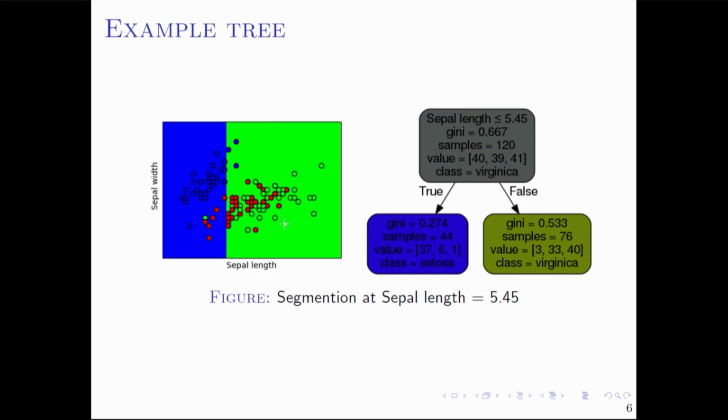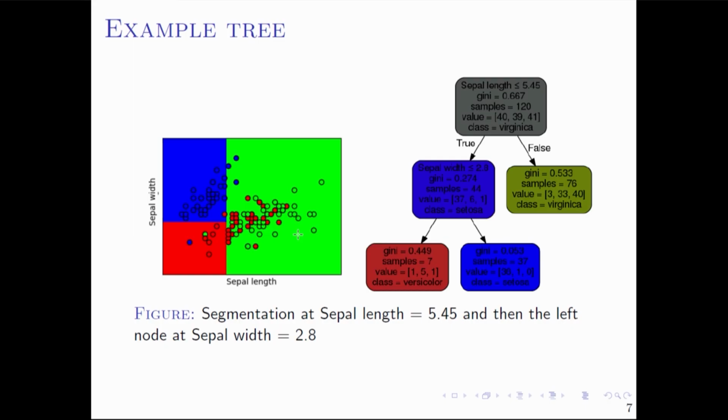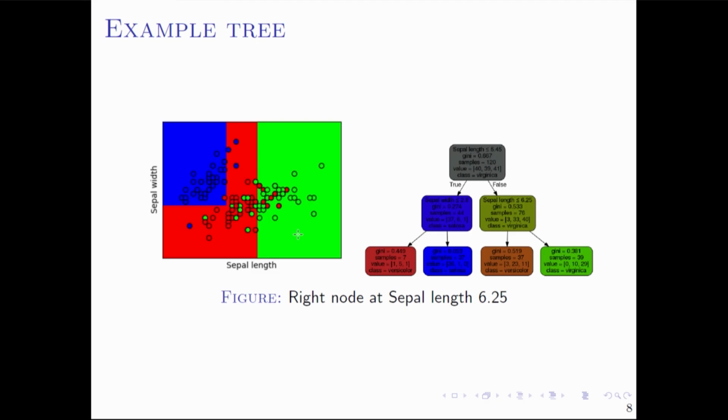It may be either of the other two, virginica or versicolor, but here virginica is a little higher. If you take the majority vote, virginica has 40 samples and versicolor has 33, so you will get the label virginica. Again we can divide our space like this, and then go down and make our tree.